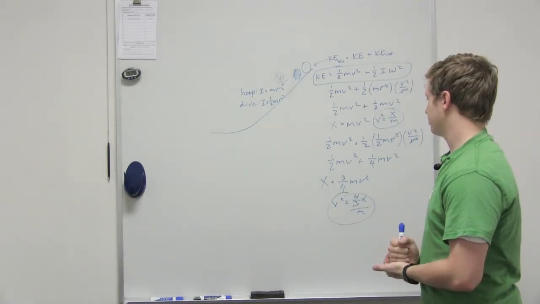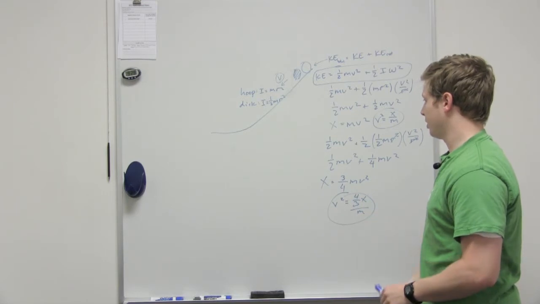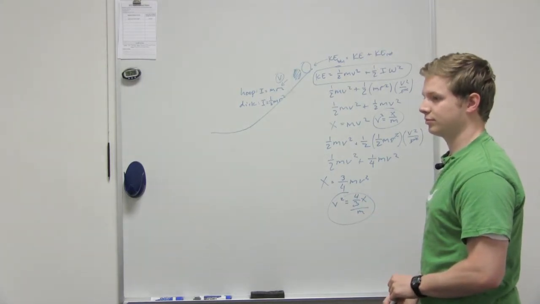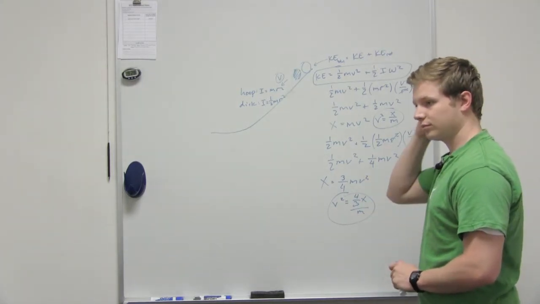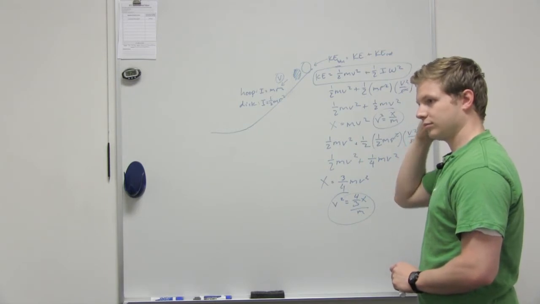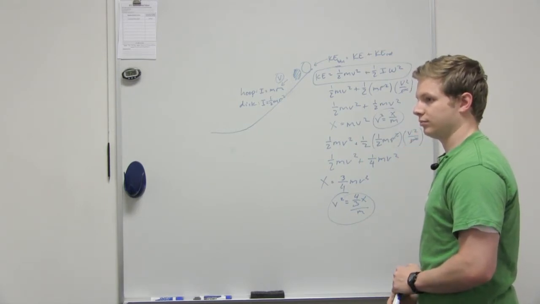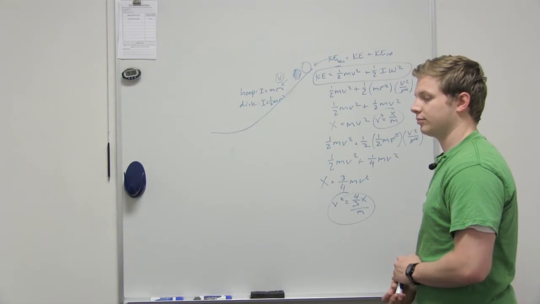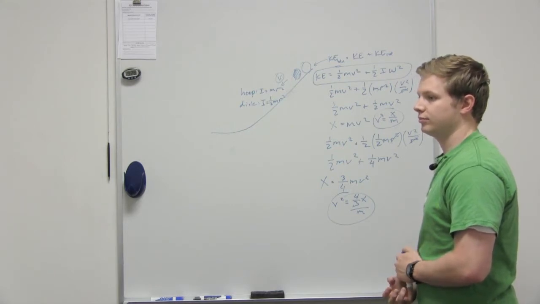Okay. So if I were to do this problem to show my work, can I just plug in random numbers for the mass and radius, as long as they're the same for both?